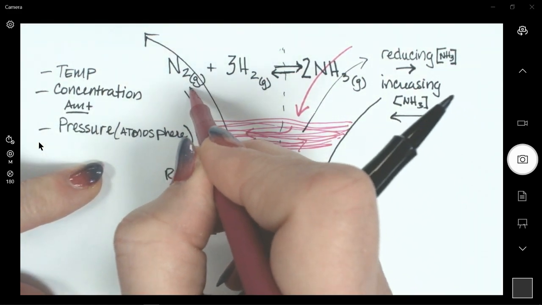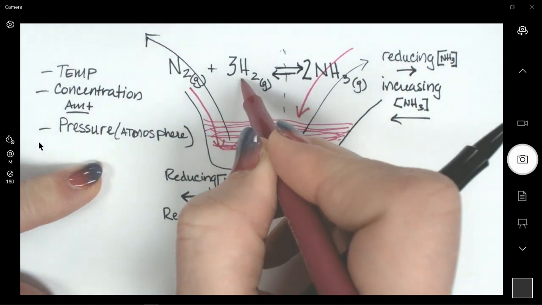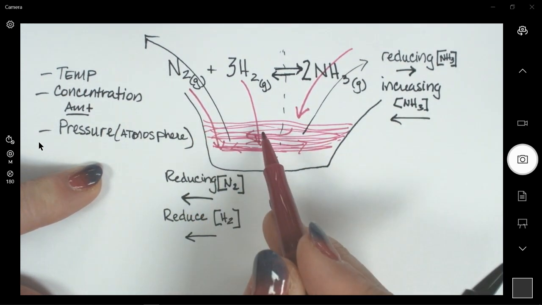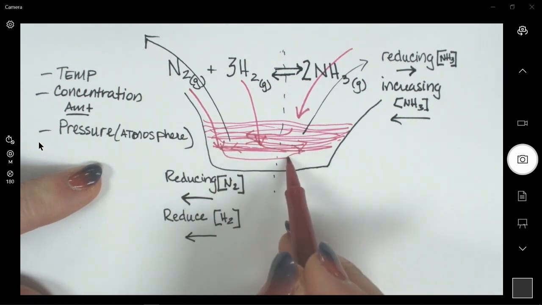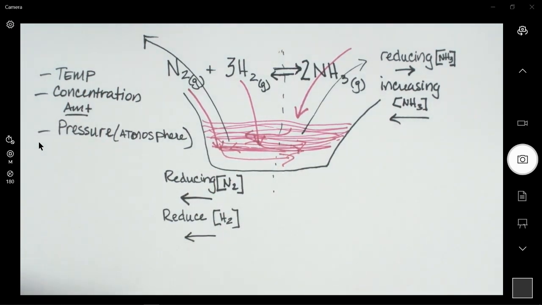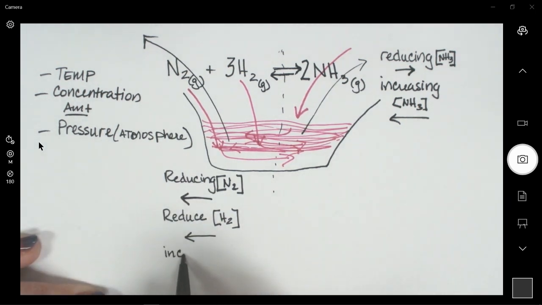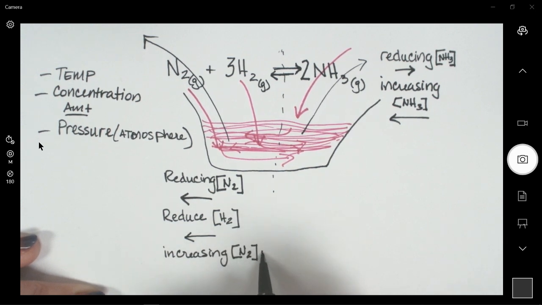Increasing either one of these or both, increasing either nitrogen or hydrogen or both, will shift the equilibrium towards the products. So increasing the concentration of N2 or the concentration of H2 will shift the equilibrium towards the products.